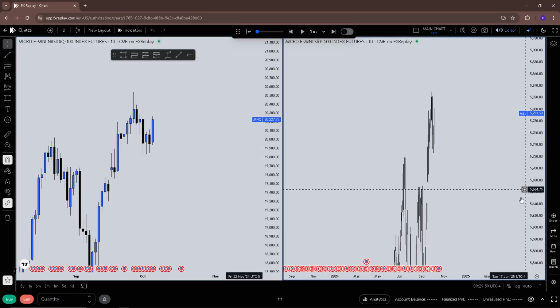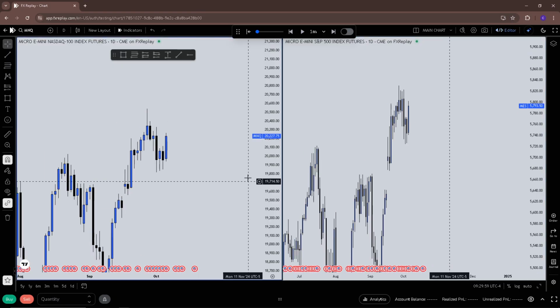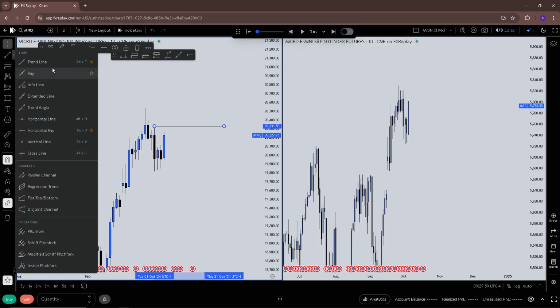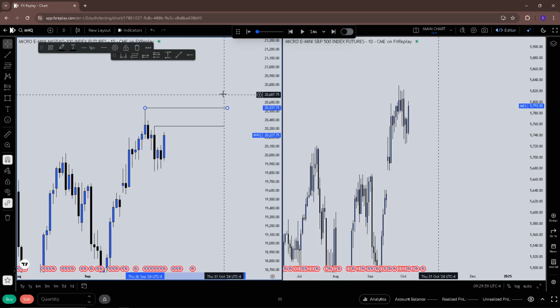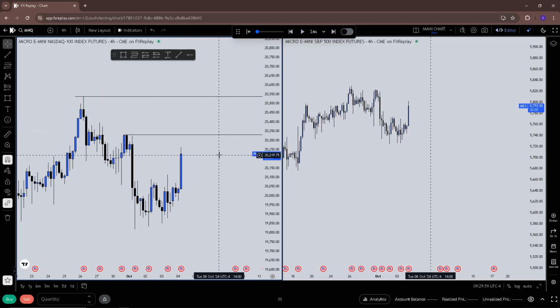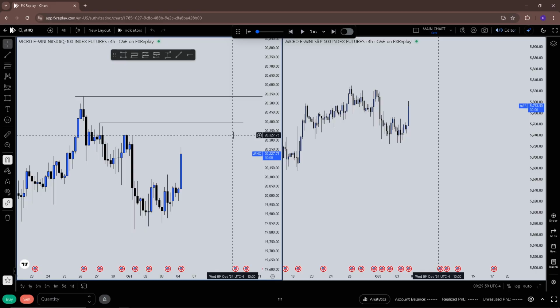Still leaving this new week opening gap behind. Looks like we want to come for these highs up here. We are still trading inside of this 4-hour fair value gap. I actually like this high compared to this other high.